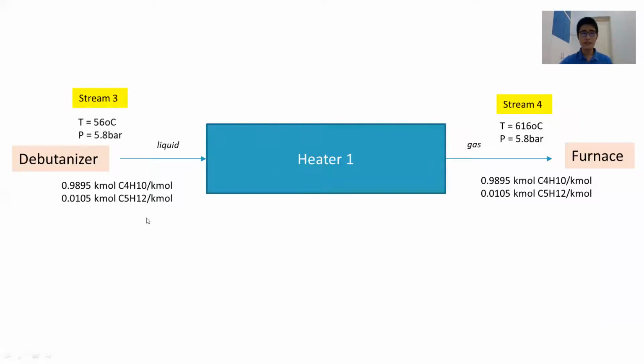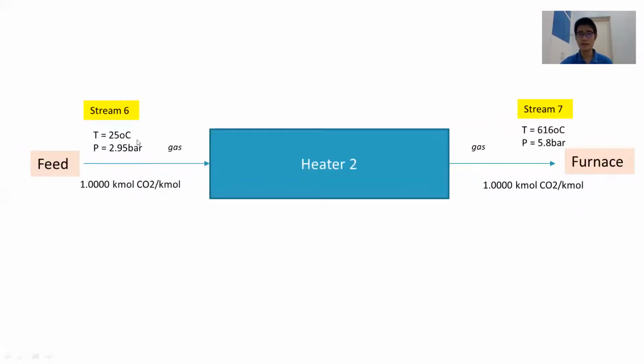The molar fractions of these components are not changed in heater 1 and heater 2, but the temperature will change from the bubble point temperature of the outlet stream of the distillation column to 616, which will be the new temperature to enter the furnace.